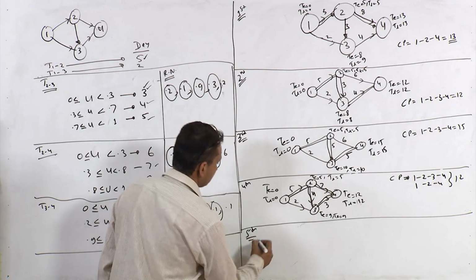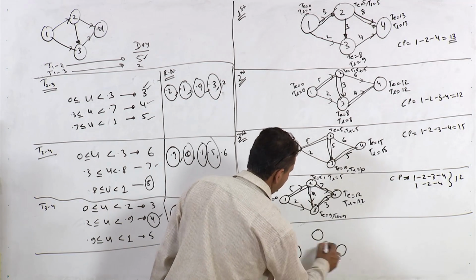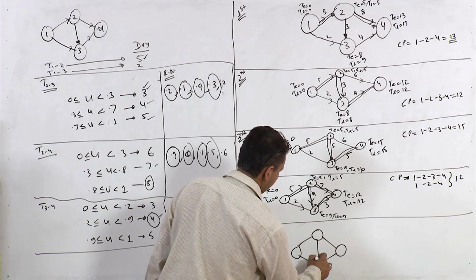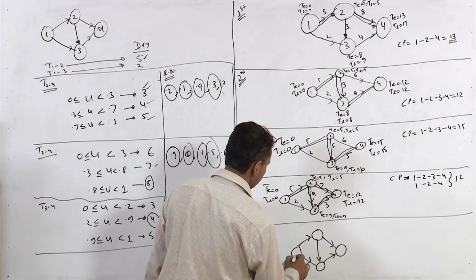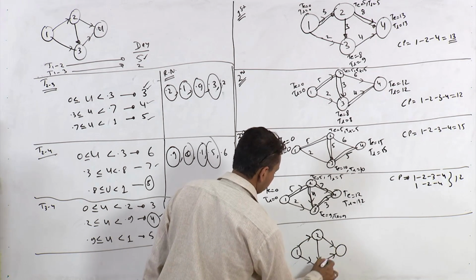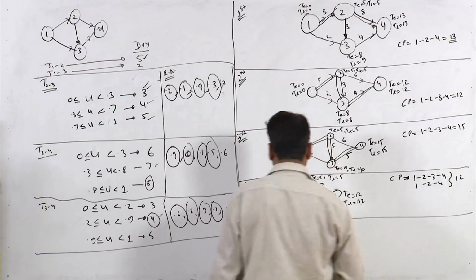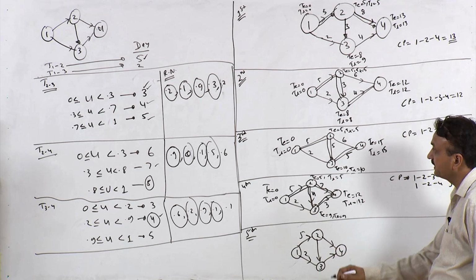Fifth run. This is 5, this is 2. Let us calculate for the last run the durations for remaining activities.